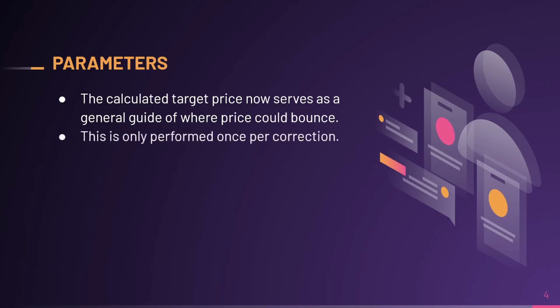Okay? So, this is only performed once per correction. Meaning we only look for the 20% rule once per correction. Hindi yung kunwari, nag-piso, nag-80 cents, nag-bounce sa 80 cents, sabihin natin nag-90 cents siya or nag-85 cents siya, tapos nag-drop ulit. Ibig sabihin, hahanapin na naman natin yung 20% from 90 or from 85 cents, no?